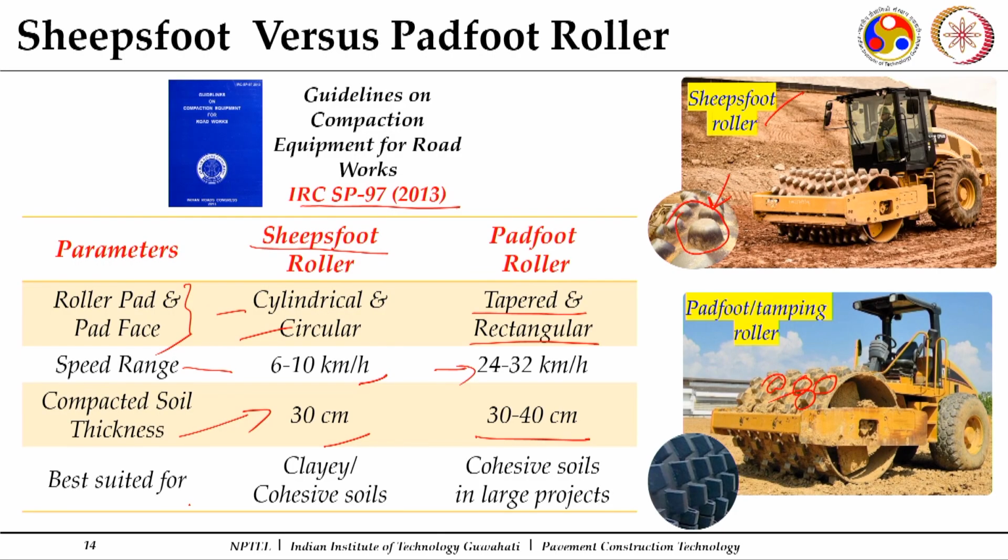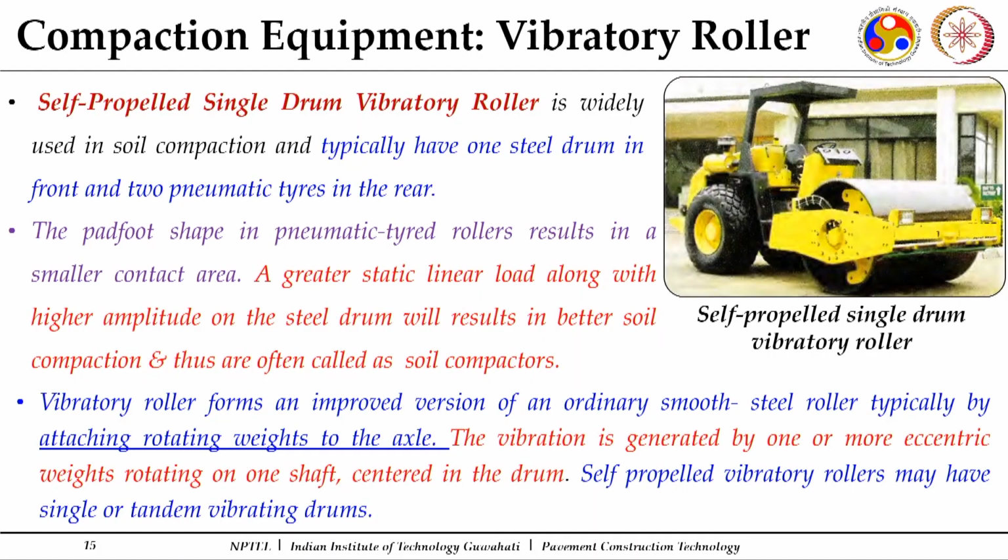They are best suited for clay and cohesive soils in large projects, because it is difficult to compact these clay soils. Sheep's foot or pad foot rollers are quite helpful when cohesive soils need to be compacted. Now, the vibratory roller.